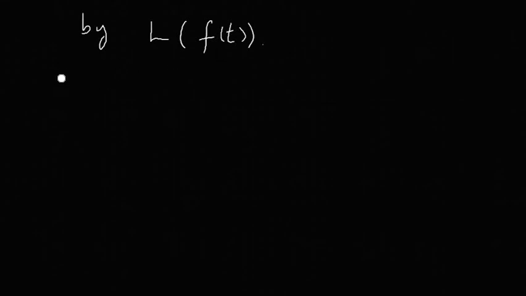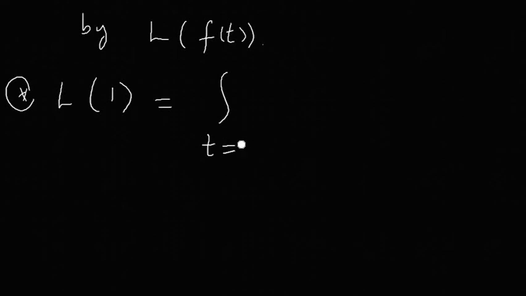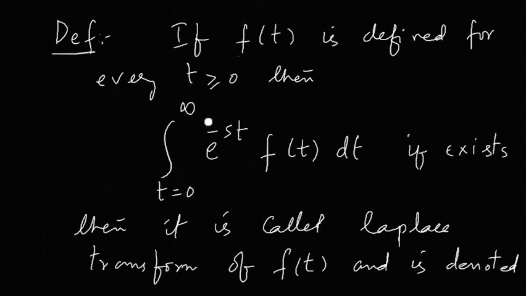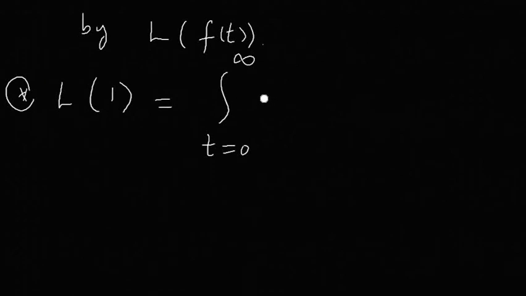If I use this definition, for example if I am calculating L of 1, then the integral from t equal to 0 to infinity, here e power minus st will be fixed as it is, only the input function will be given here. That function is 1, I am not multiplying that one. Even if I write it, it's one and the same. So I'm just skipping it, into dt.